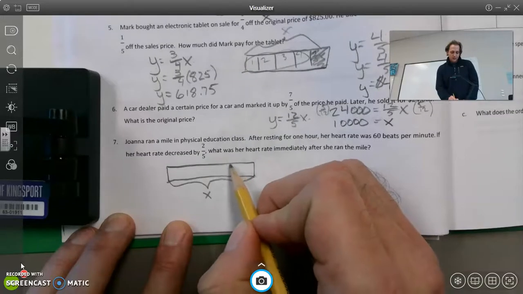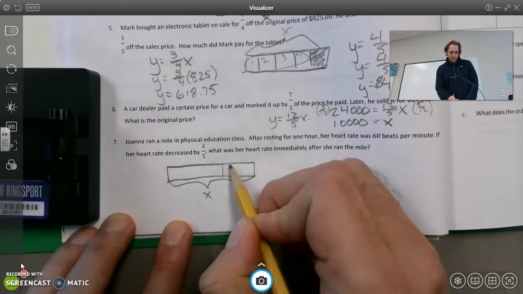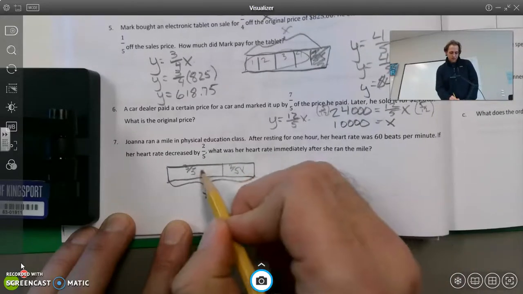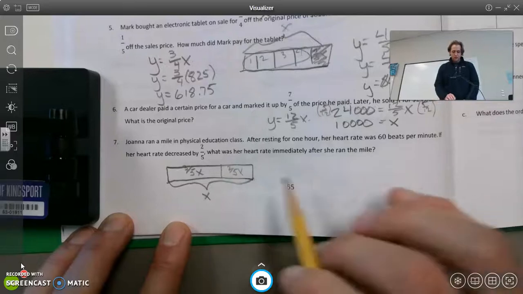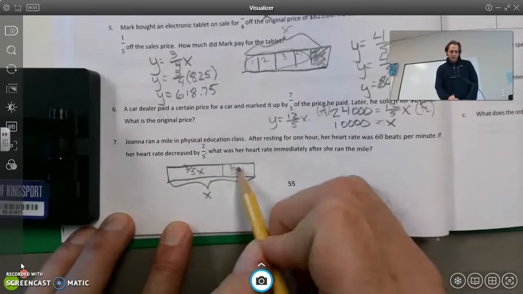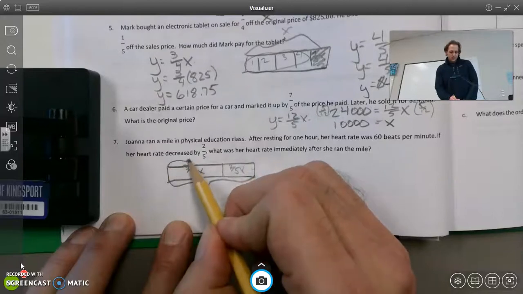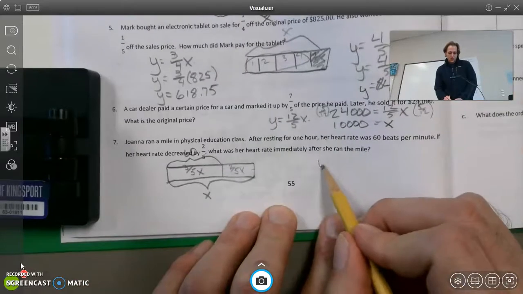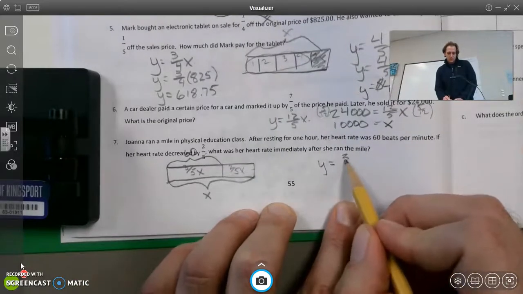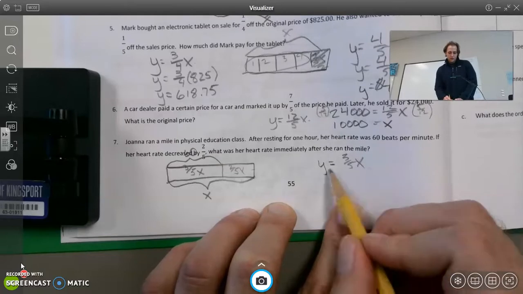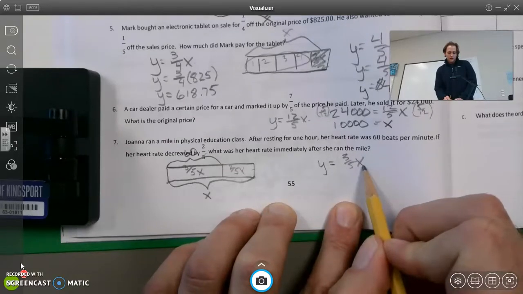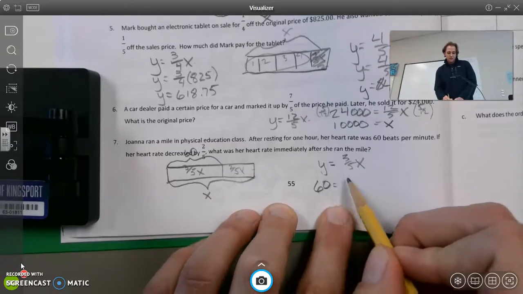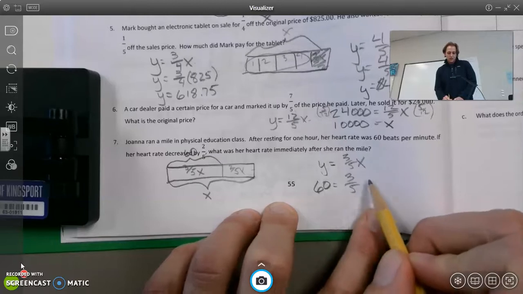Now, this is 2/5 of x, and this is 3/5 of x. So the amount it was after decreasing 2/5 of x, her amount was 60. So we could say that y is equal to 3/5 of x, right? Where x is the amount that she started with and y is her new amount. Her new amount is 60 beats per minute, which is 3/5 of what it was.